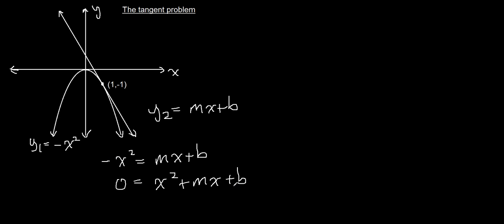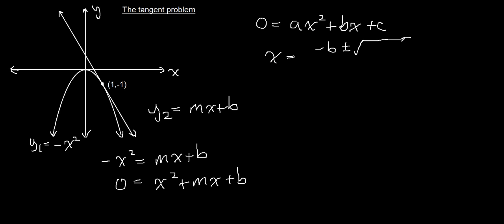So you might have learned to solve a quadratic equation, when it's written in the form 0 equals ax squared plus bx plus c, that x just equals negative b plus or minus the square root of b squared minus 4ac, all over 2a.